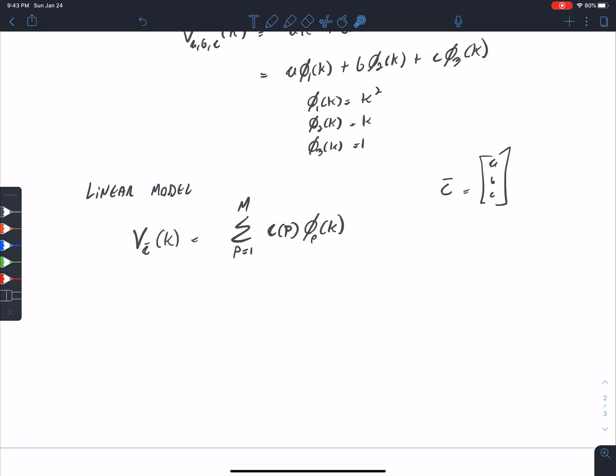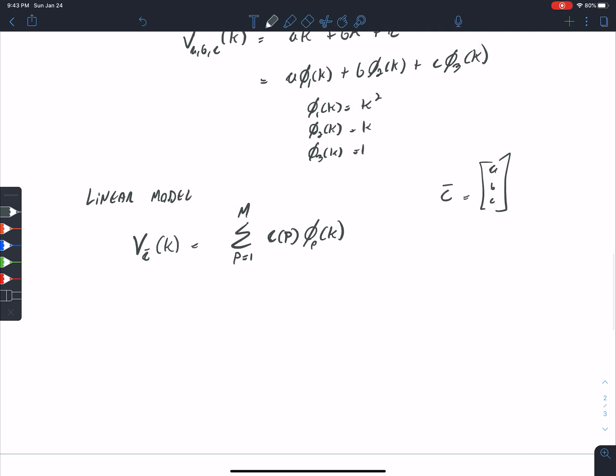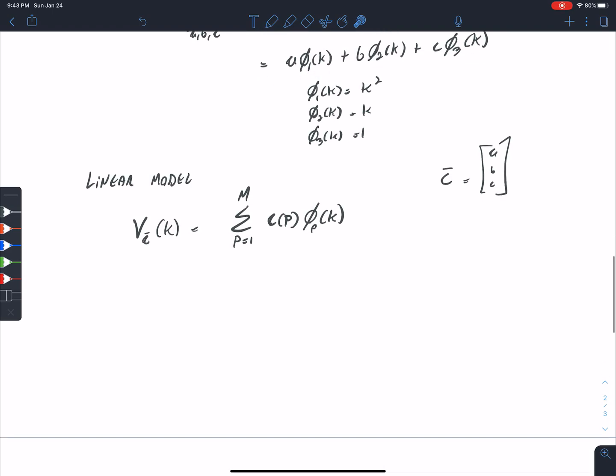And one more thing that I want to write: if you write these vectors and put them as separate columns in one matrix, so let's define this matrix B, with vector 1 in the first column, vector 2 in the second column, and vector 3 in the third column.